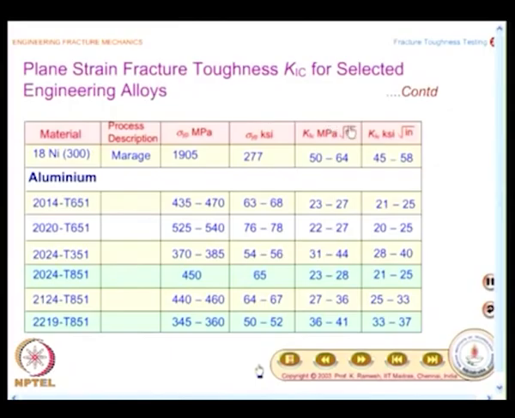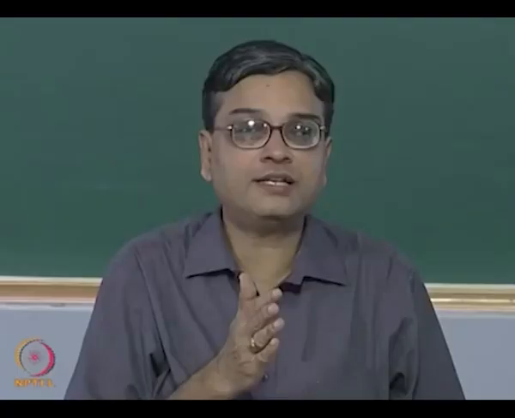The fracture toughness is far below that of steel. You have it only from 23 to 27 MPa root meter. So, the knowledge base you should keep in mind is that fracture toughness for steel is quite high in comparison to aluminum, which we had seen graphically also earlier.